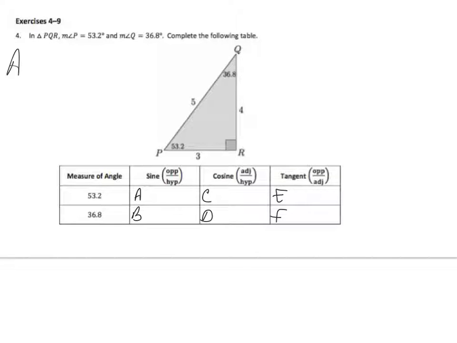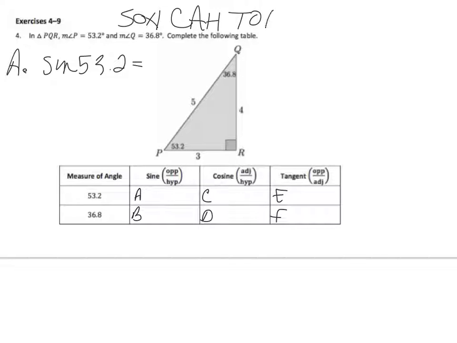All right, so A, sine of 53.2 equals, remember, SOHCAHTOA. Sine of 53.2 is opposite over hypotenuse.